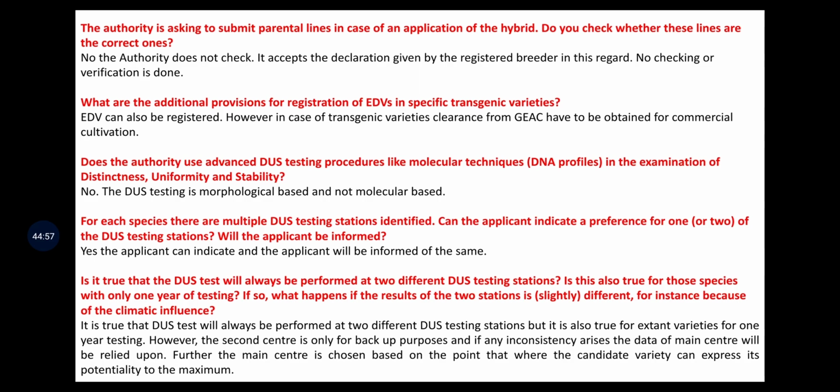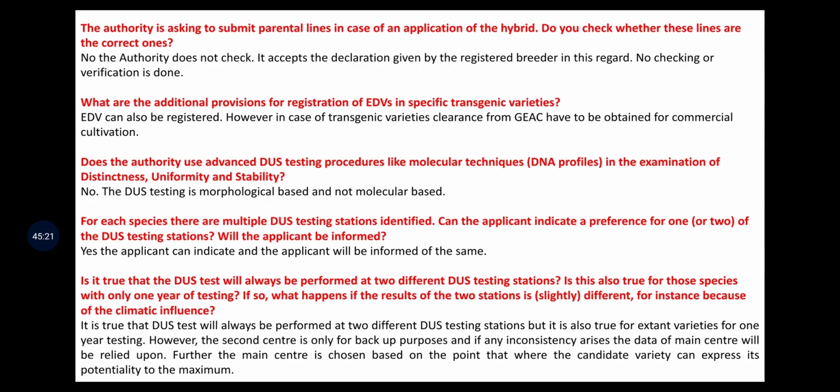Yes, it is true that the DUS test will always be performed at two different DUS testing stations, but it is also true that for extant varieties it is for 1 year of testing. However, the second center is only for backup purposes, and if any inconsistency arises, the data of the main center will be relied upon.